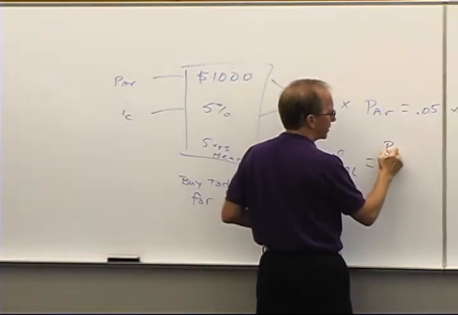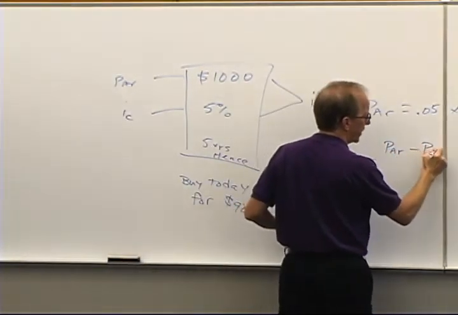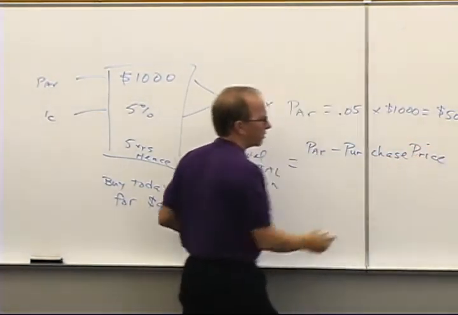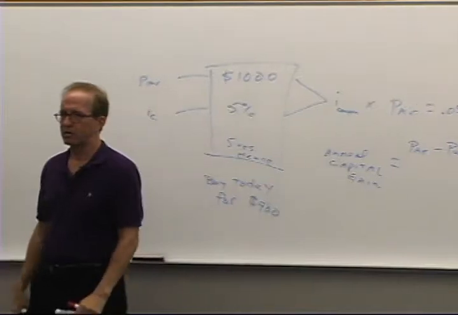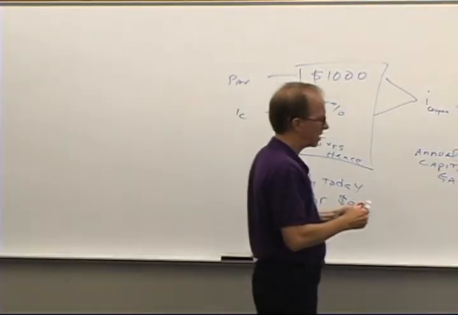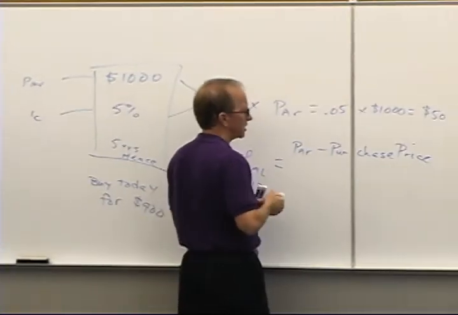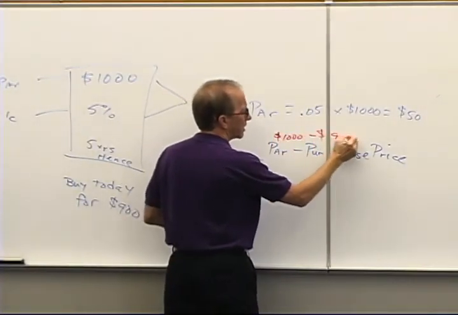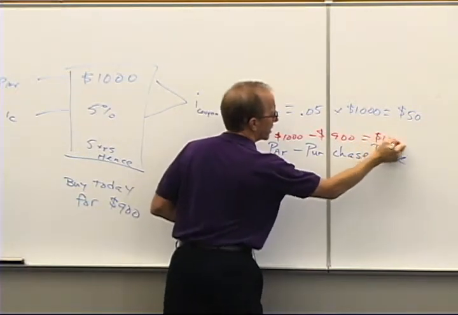It's the par value minus the purchase price, right? Our par value is $1,000. Our purchase price, $900. I'll write that in, 1,000 minus 900 equals 100, yes?